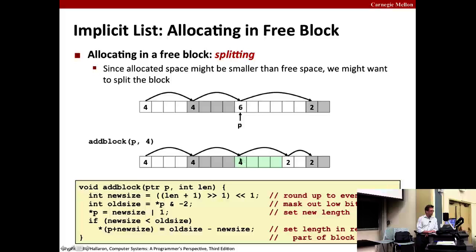So let's say it chooses this block, maybe because of next fit. This free block contains 6 words. So the allocator has to decide whether just to keep this block of size 6 and return that back to the application, or whether to split that block into an allocated block of size 4, which it then returns to the application, followed by a free block of size 2.